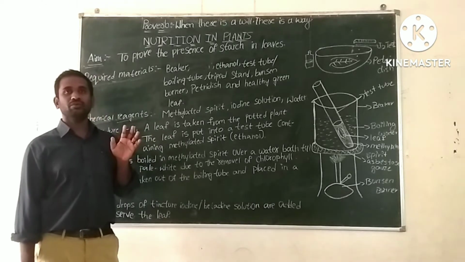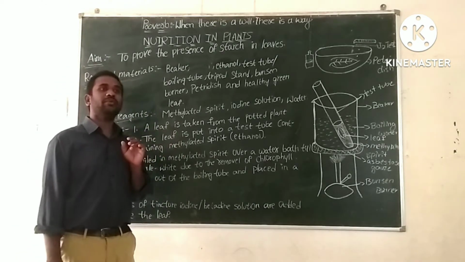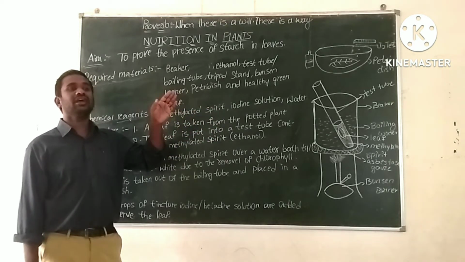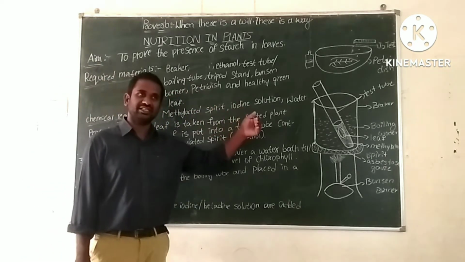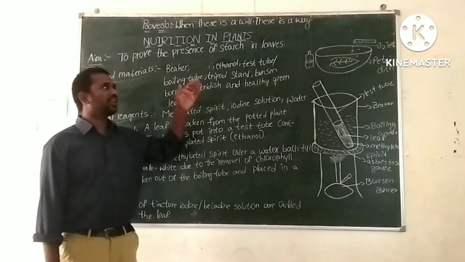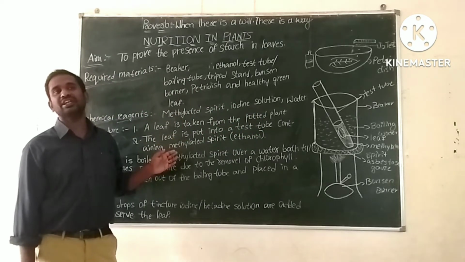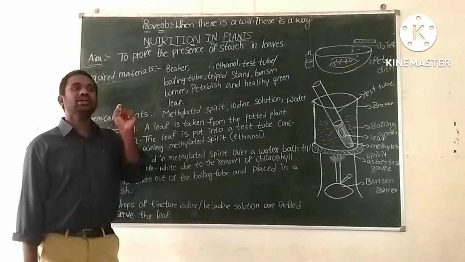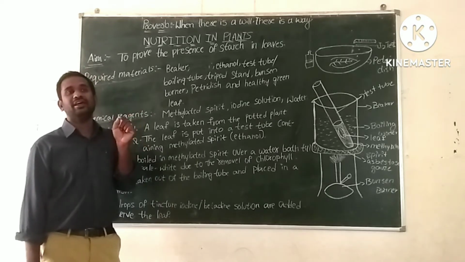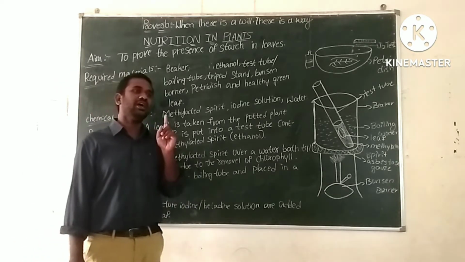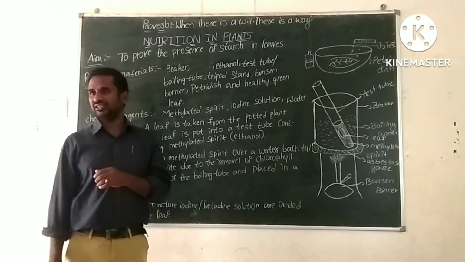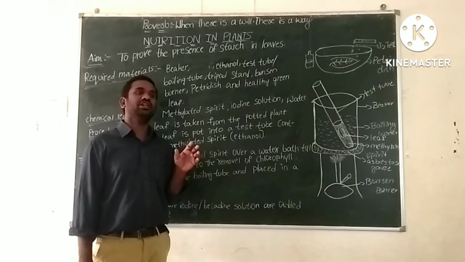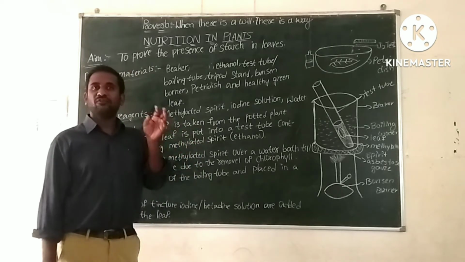So now we are going to find out whether the leaves are performing photosynthesis. You can prove it with the help of the iodine test. Iodine turns blue-black in the presence of starch in the leaf or any substance. That's why we use iodine solution to prove food material.